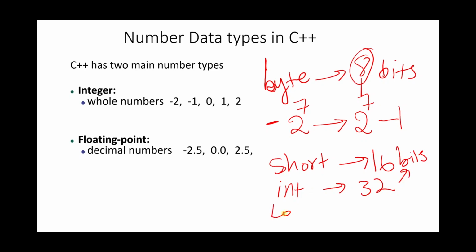Then we have long. This is 64. Now these are the main whole number data types. With the floating point, we have float and we have double.